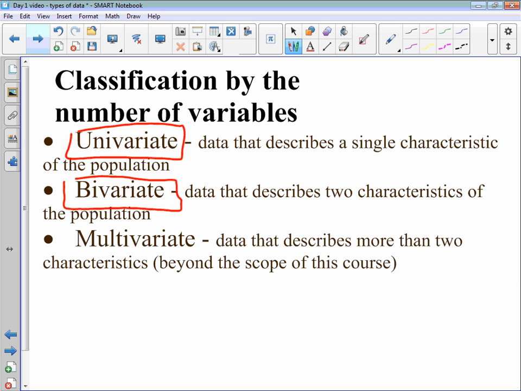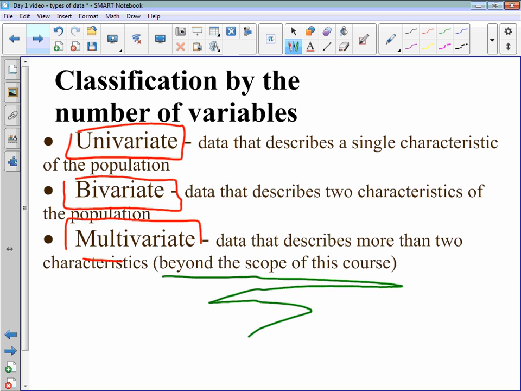If you've done a scatter plot, you've done bivariate data. And then eventually, there's multivariate, which is data that describes two or more characteristics. Luckily for you guys, that is beyond the scope of this class. So when you go to college and you take statistics 2, you can play with multivariate data.